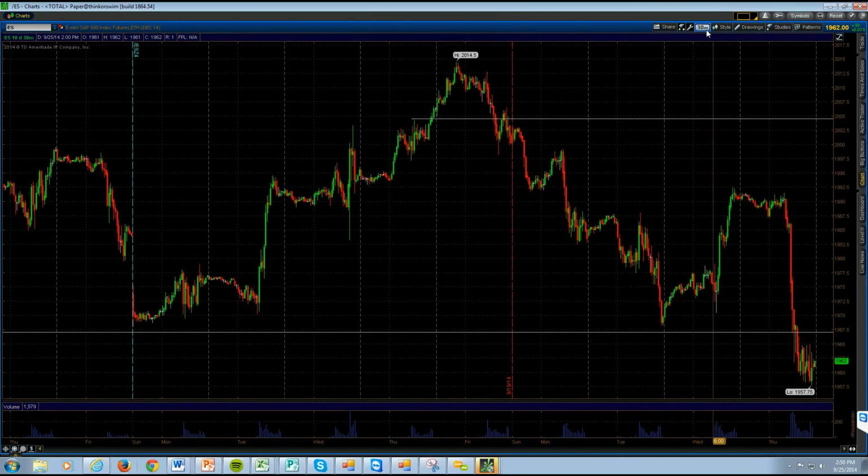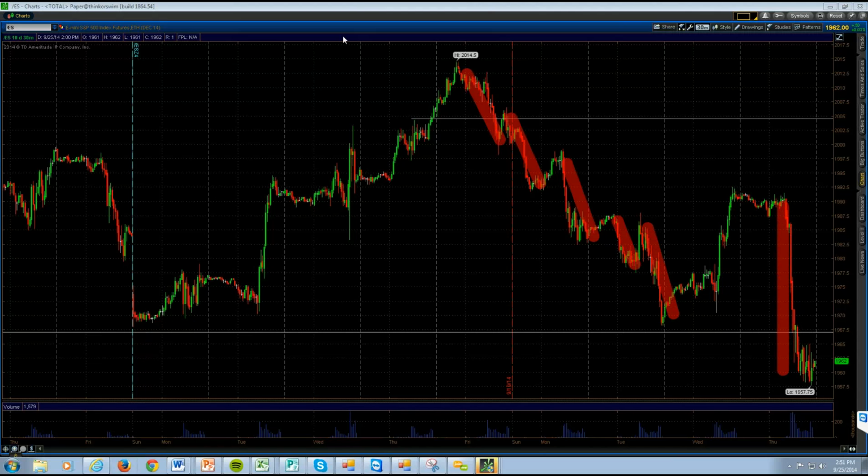You can see if we start looking at these drops, we start looking at the momentum here. We're just going to draw some lines here and compare these.